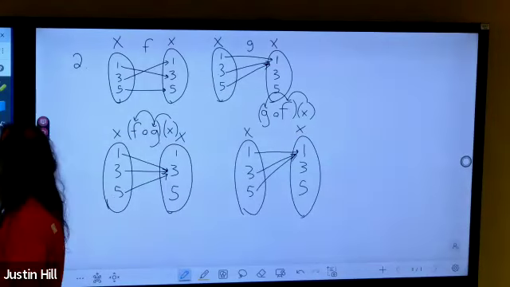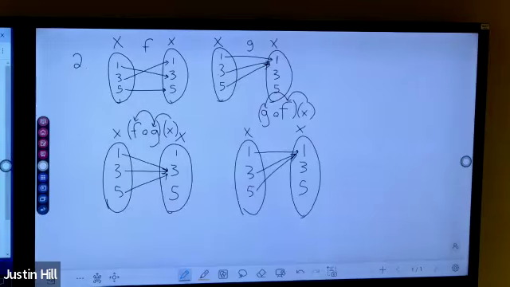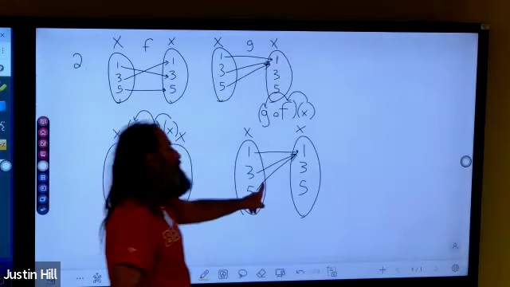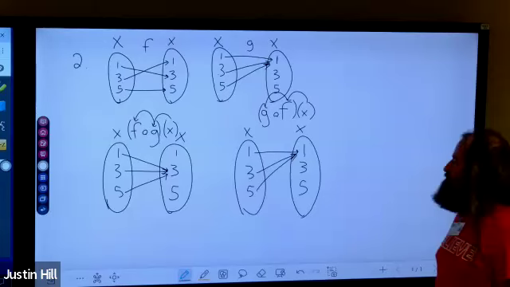They also asked you as part of the question whether G compose F equals F compose G. So, okay, good. Does G compose F equal F compose G? Are they the same function, same ordered pairs?